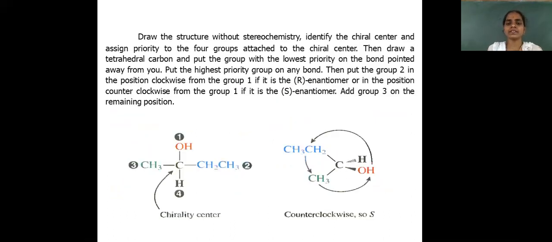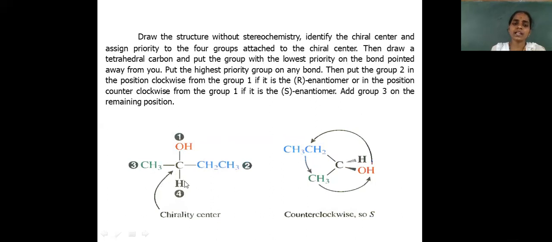If you see here, this has one chiral carbon. Based on the chiral carbon, I am giving the first priority to oxygen. Then, when there is a carbon and a carbon, the ethyl gets higher priority than the methyl. So ethyl gets priority, then methyl, and the last priority goes to hydrogen.